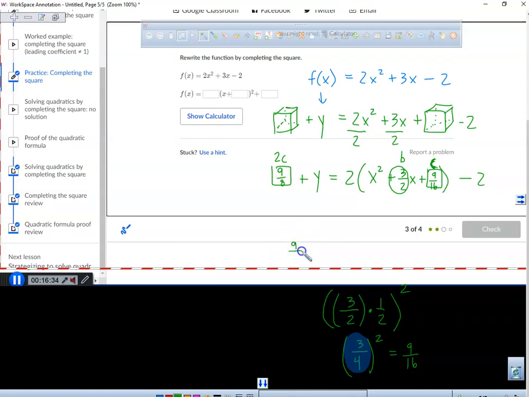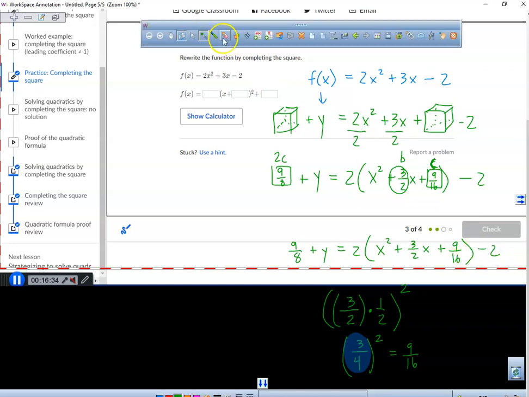I have 9 over 8 plus y equals 2 open parentheses x squared plus 3 over 2x plus 9 over 16 minus 2. Now remember, the secret is, how do I factor this bad boy? It's whatever that number is before we what?